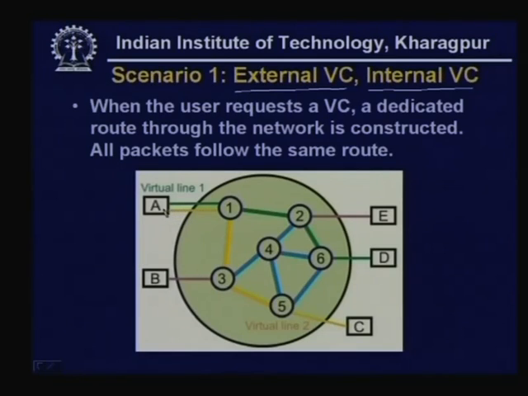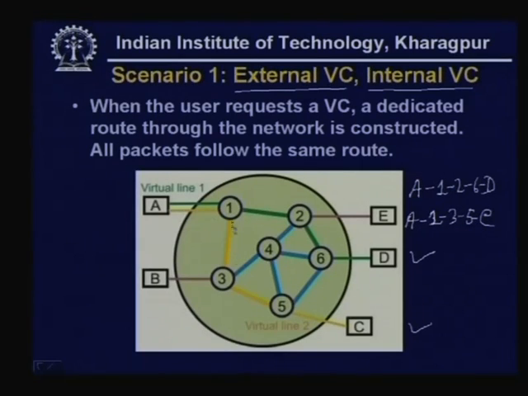For example, we are sending from A to D and A to C. So, the virtual circuit is A to 1 to 2 to 6 to D. On the other hand, another virtual circuit is A to 1 to 3 to 5 to C. So, these are the 2 virtual circuits. It can be in the other way also, say 1 to 2 to 6 to 5 to C, that is also possible. So, there can be overlapping, but here incidentally these are not overlapped.